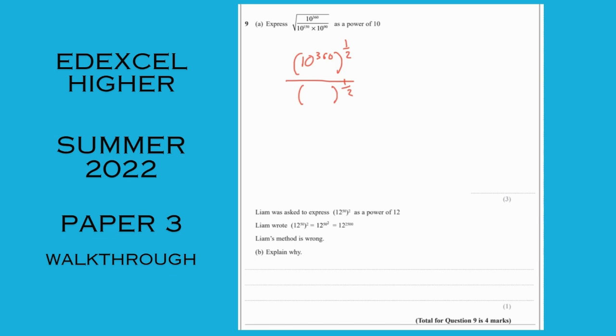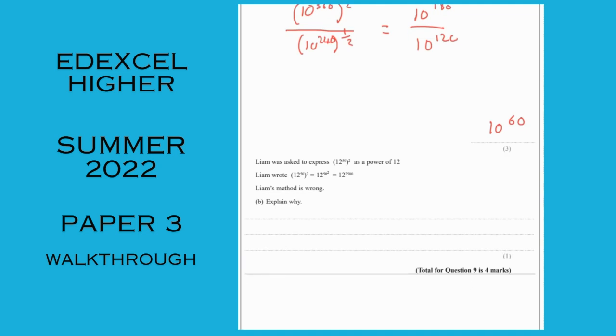Now the bottom, we can add the powers. There we go. So now when you've got a power to a power, you multiply the powers. So it's 10 to the power of 180, and it's 10 to the power of 120. Over means divide, 10 to the power of 60.